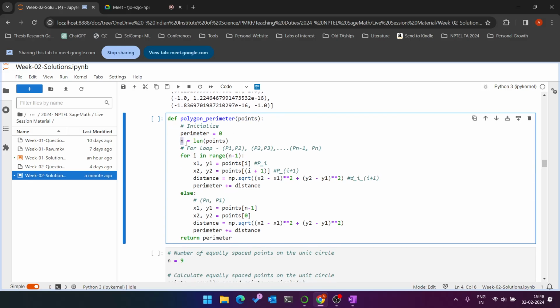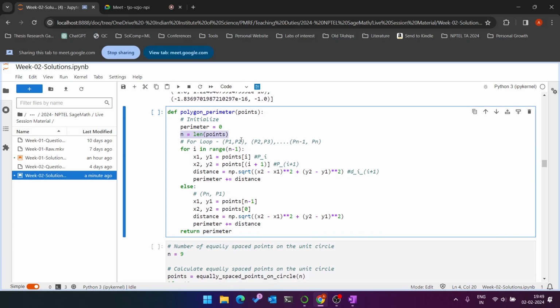We initialize n to be the total number of points that we have for our problem. We run a for loop. Total we have n points, but we are running the for loop only till n minus 1 points. This is because in the for loop we are calculating the first point as Pi and the next point as Pi plus 1.